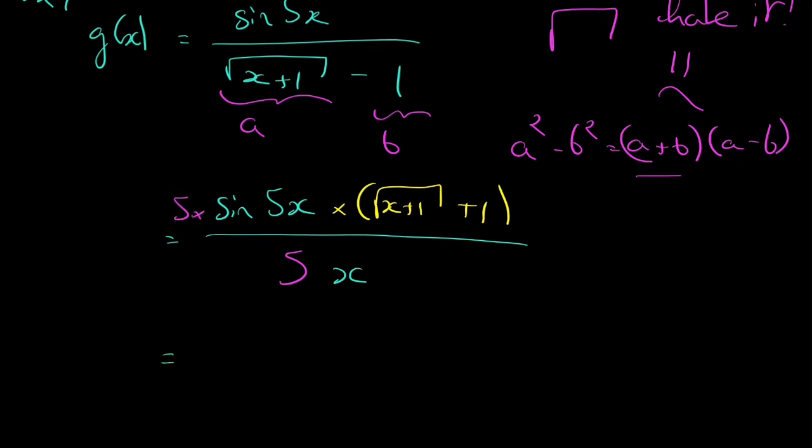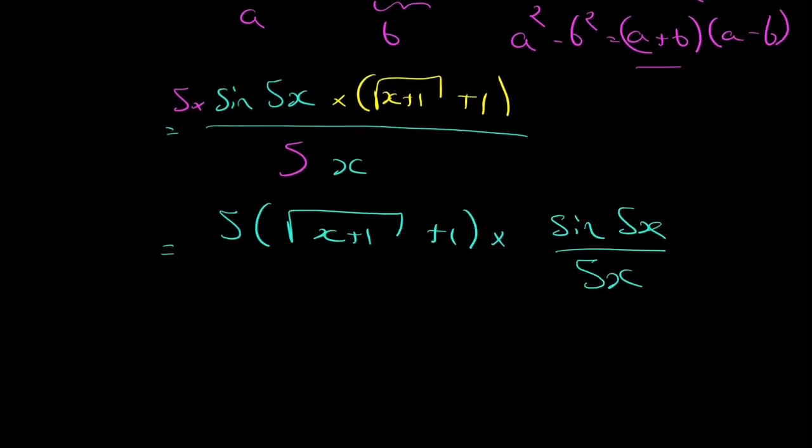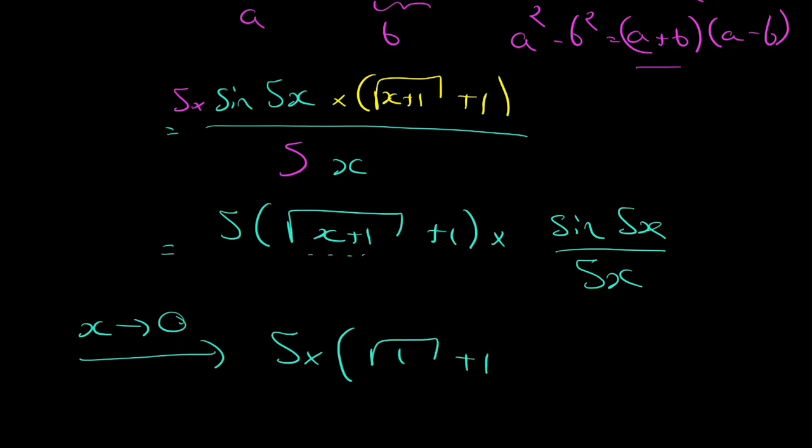If I rewrite this, I have 5 times square root of x plus 1 plus 1, times sinus of 5x over 5x. And this thing will tend, when x tends to 0, to what? To 5 times this thing here will tend to square root of 1 plus 1, very easy, times 1.